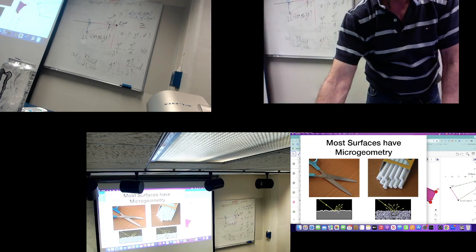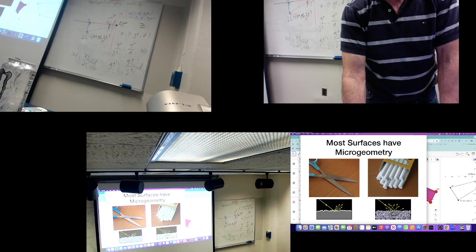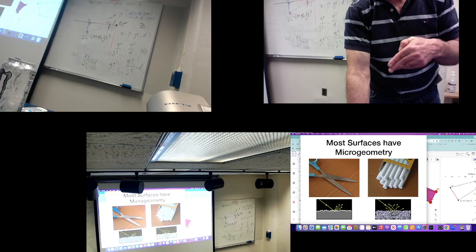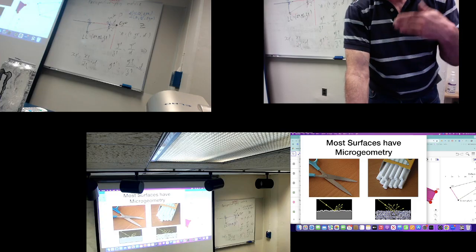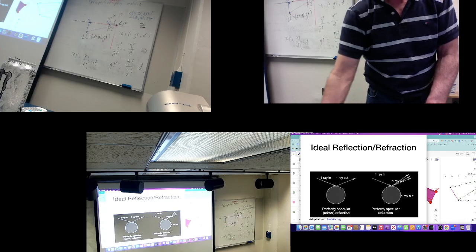Same goes here. What happens if I have this macro surface? I definitely don't want to model this micro behavior. I don't want to have a geometric description of exactly the surface, but I want it still to look like its 3D structure.